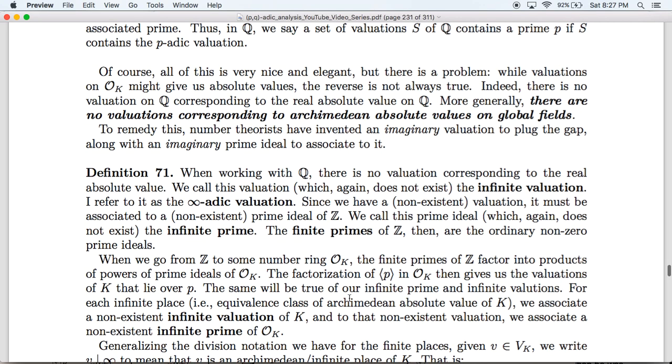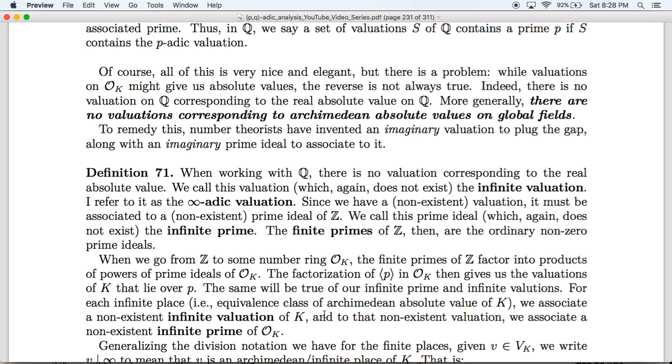For each infinite place of K, meaning for each equivalence class of Archimedean absolute value on K, we're going to associate a non-existent infinite valuation. And to that non-existent infinite valuation, we're going to associate a non-existent infinite prime of O_K.